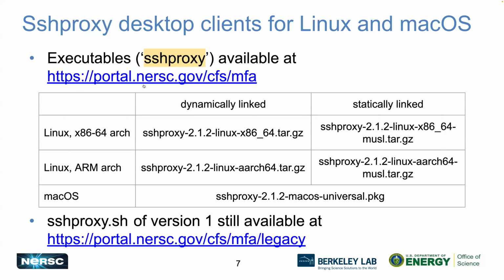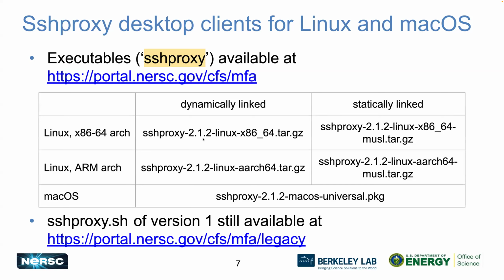It is available here, at a science gateway. We put the binaries for different OS and different architectures. This is Intel-based, this is ARM-based. And we provide both a dynamically linked binary and a statically linked binary.